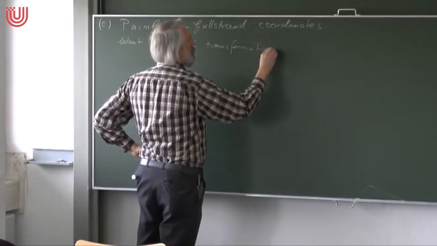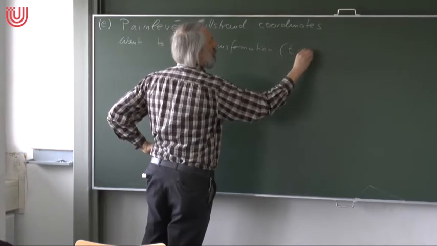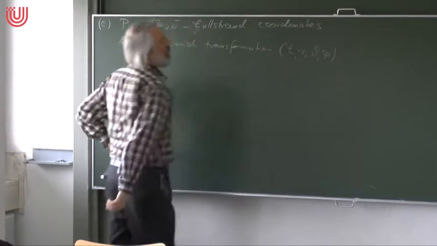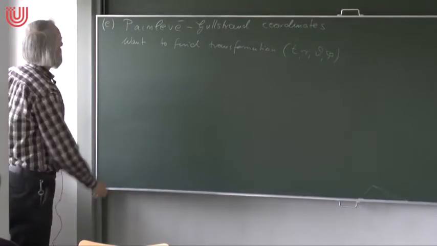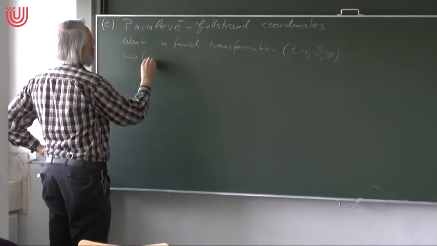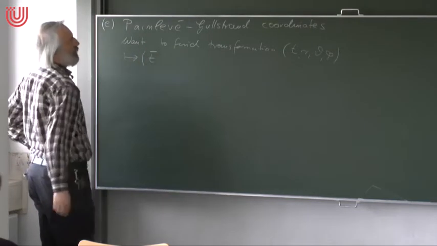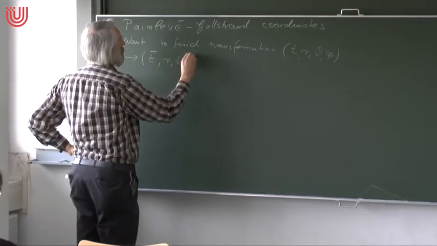We begin again with our standard Schwarzschild coordinates, t, r, theta, phi. These are always my notations for the standard Schwarzschild coordinates. And as in the Eddington-Finkelstein case, we only transform the time. This time I call the new time T bar, r, theta, phi.